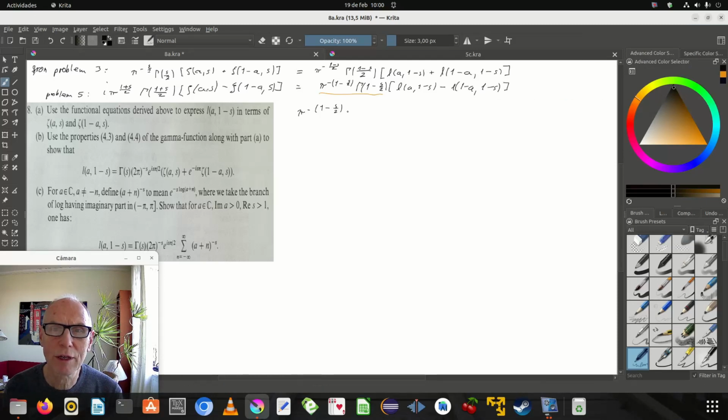And then write the other guy, pi minus s halves. Oh, now we can use the reflection formula of the gamma function. And then times this.